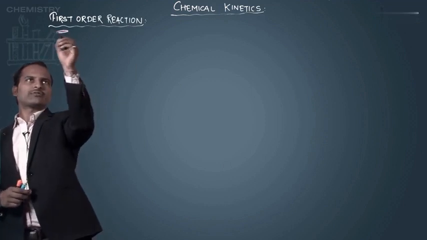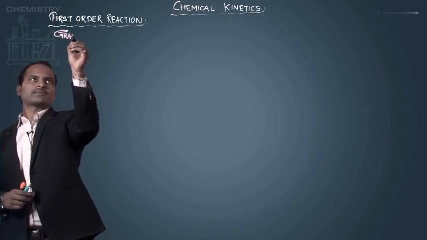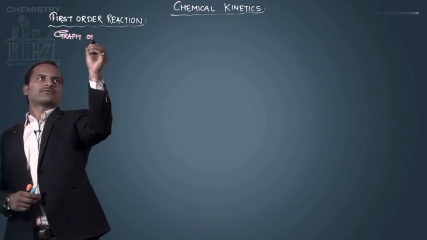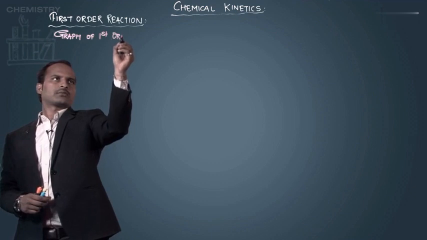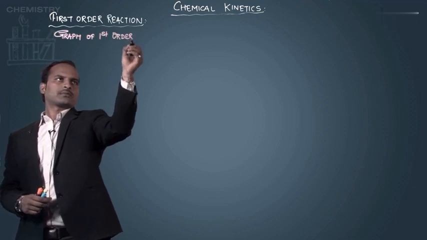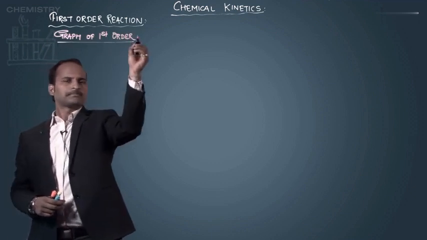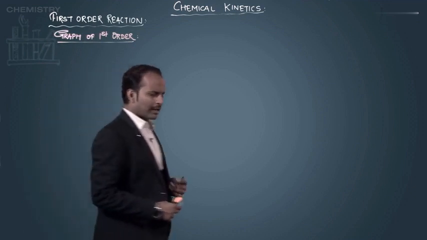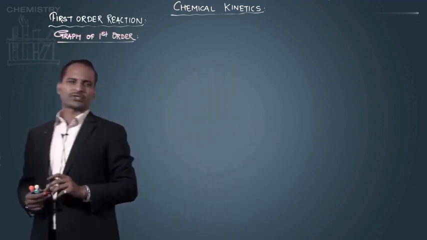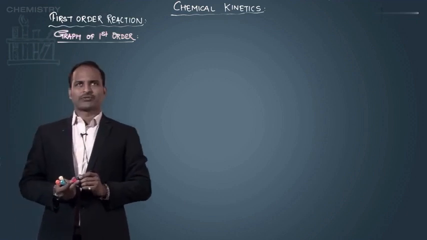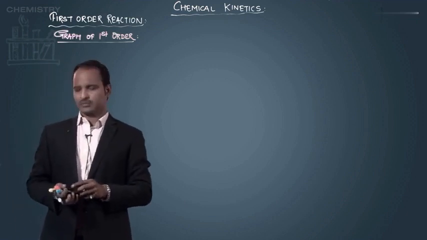Like a zero order, we have a graph of first order also. So graph of first order. Again, from the nature of the graph, we can say whether the reaction is a first order or not. So we have certain graphs for this.